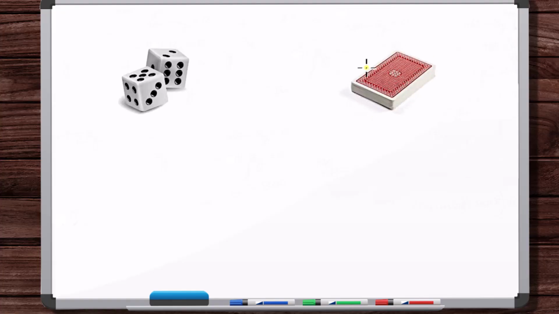So first, let's count the number of different ways you can roll a 6 with a pair of dice, or pull a face card from a 52 card deck.